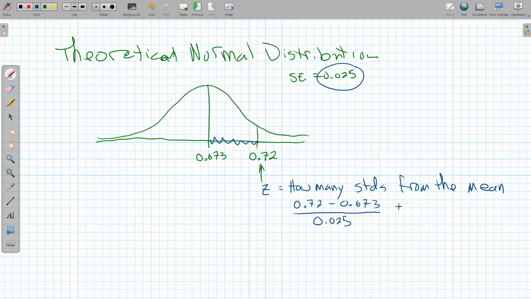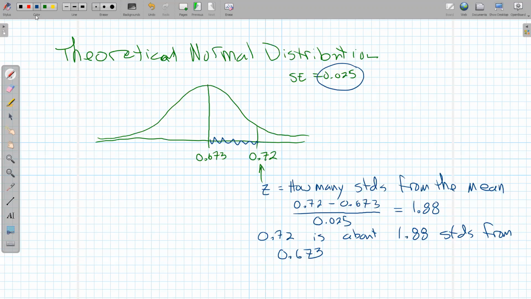And when I did that earlier on the calculator, I got about 1.88. So that would be the z-score for this number. It's 1.88 standard deviations from the middle. So 0.72 is about 1.88 STDs from 0.673.